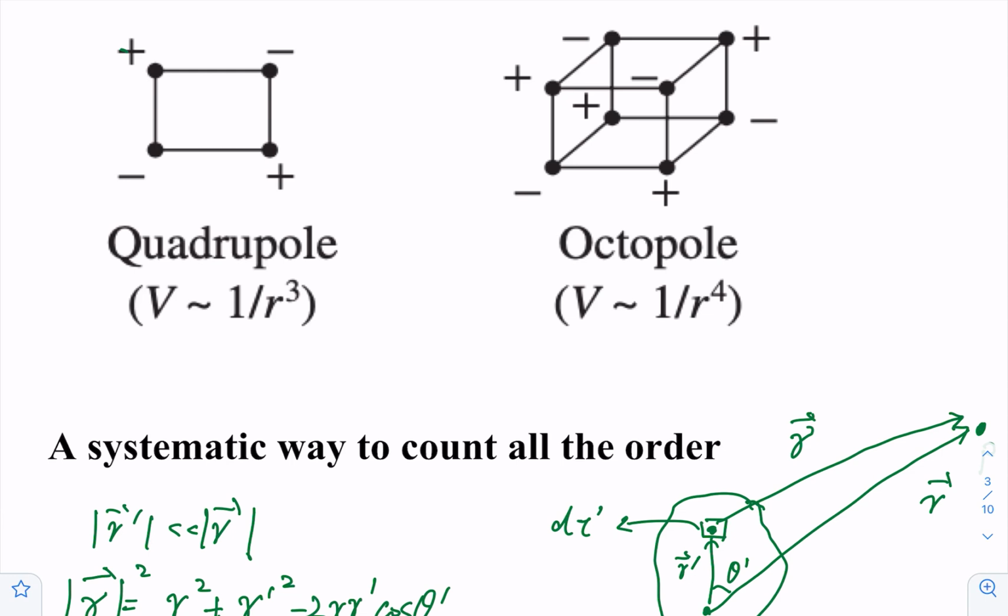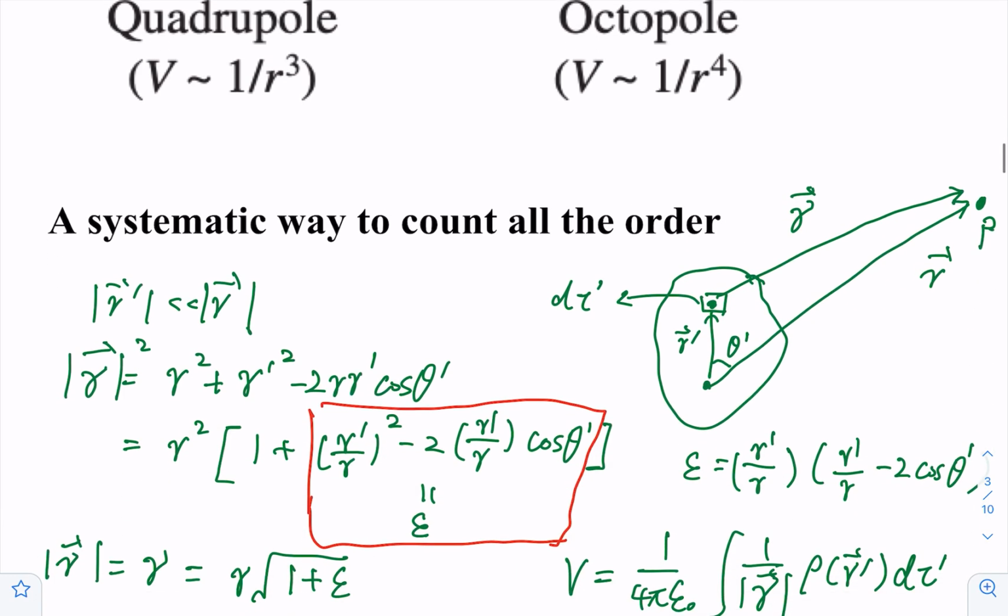You can think of this as made up of 2 dipoles, one pointing upwards, another pointing downwards. When you bring 2 dipoles close together, the dipole effect is gone, and the effect is a quadrupole. Likewise, if you bring 2 quadrupoles of opposite sign close together, you generate an octupole, and the potential is 1 over r to the 4th.